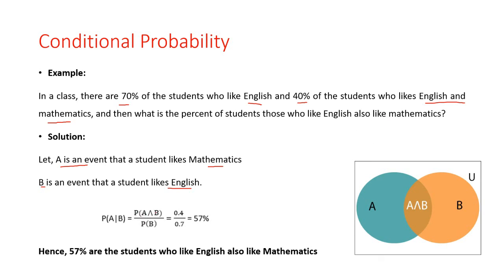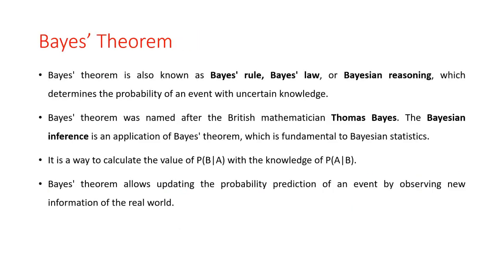So probability of A and B divided by probability of B. The probability of A and B, that means the 40% of students who like English and mathematics, is 0.4, and probability of B, the 70% of students who like English, is 0.7. Calculating this, we get 57%. That means 57% of students who like English also like mathematics. So this is conditional probability.